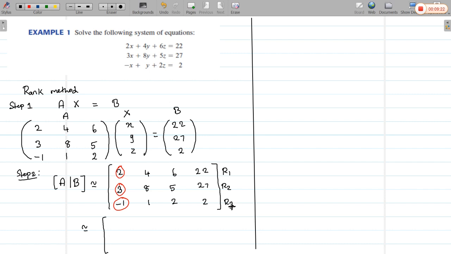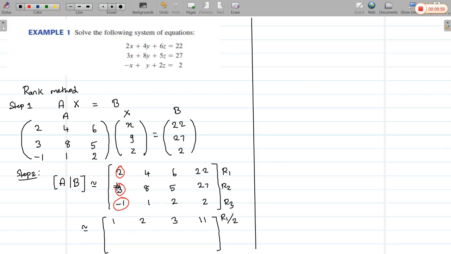I am going to divide row 1 by 2. So if you divide by 2, what do you get? 1, 2, 3, 11. So I need to explain what happened in row 1. Row 1 is replaced by R1 by 2. This explanation will clearly give the examiner that the step is taken by dividing by 2.